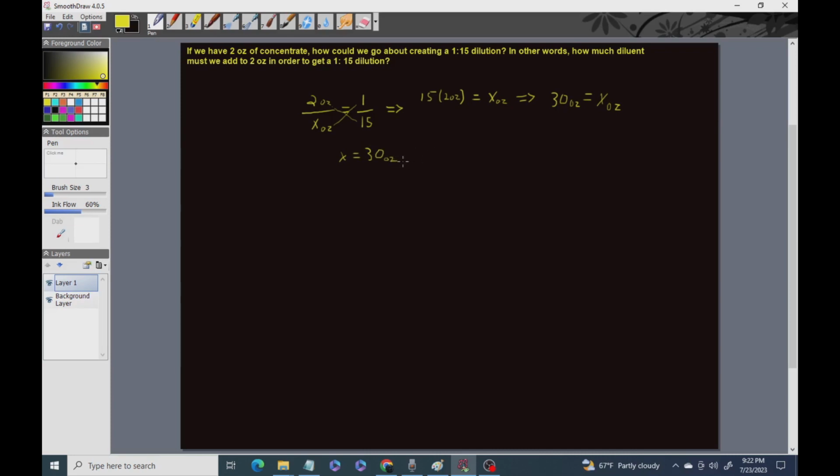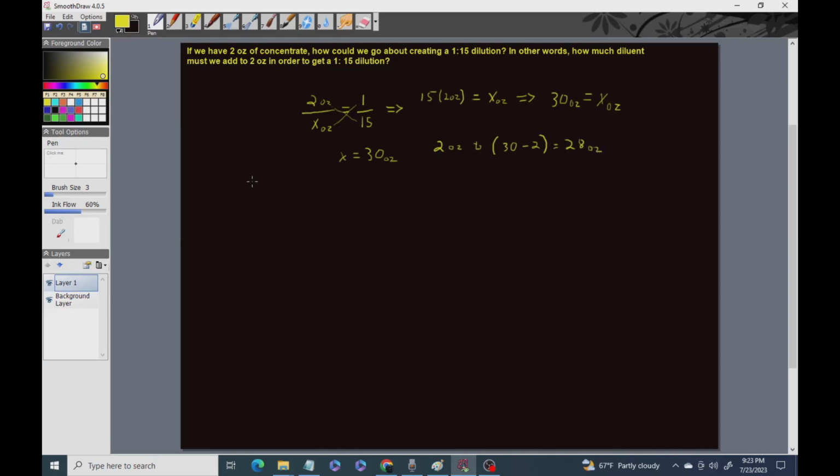So in other words, in order to get a 1 to 15 dilution, we would have to take 2 ounces and add 30 minus 2 ounces, because you have to subtract your ounces here. So 30 minus 2 would be 28 ounces.